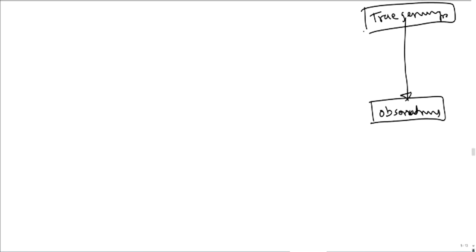How? We make an assumption that this true generative process is actually a probability assigner function of some form f with some argument parameter theta. Okay, so we assume that this is the true generative process f of theta. So whatever observations you are seeing are generated by this, and what this function does is assign probabilities to events in your event space.